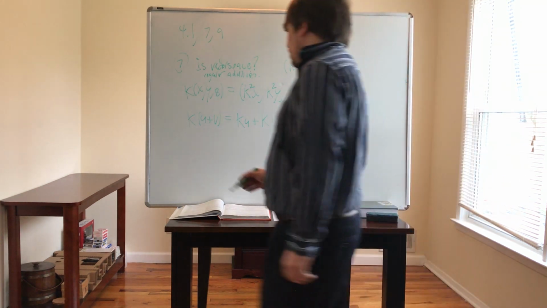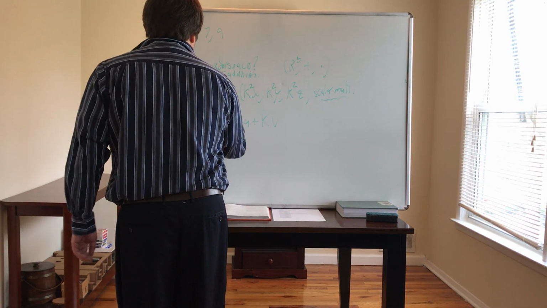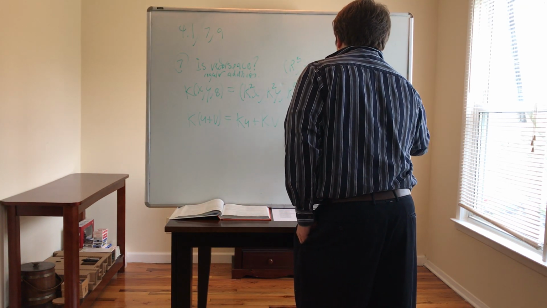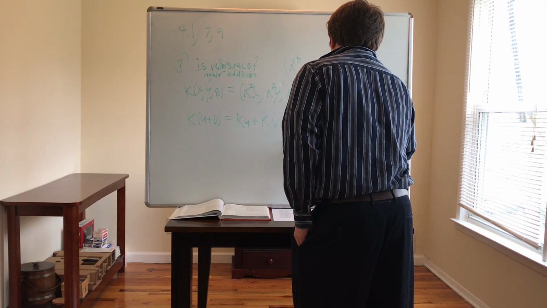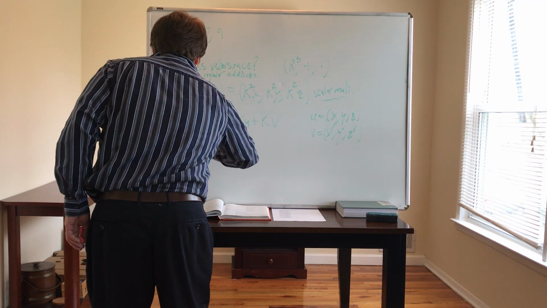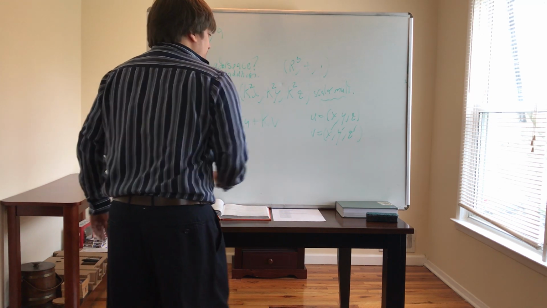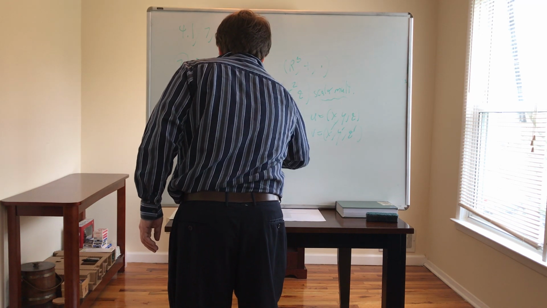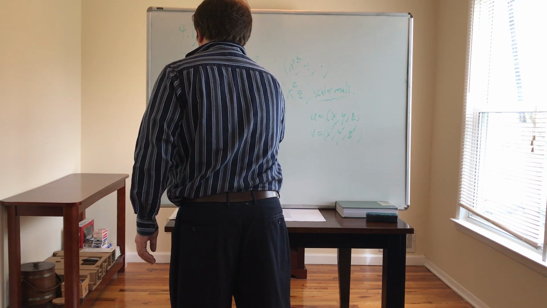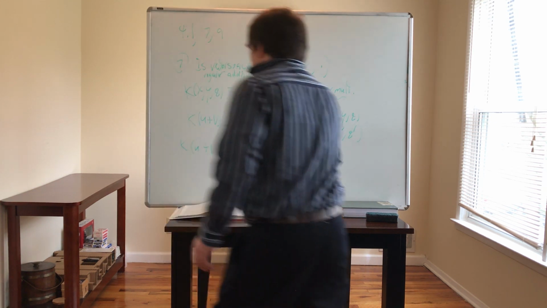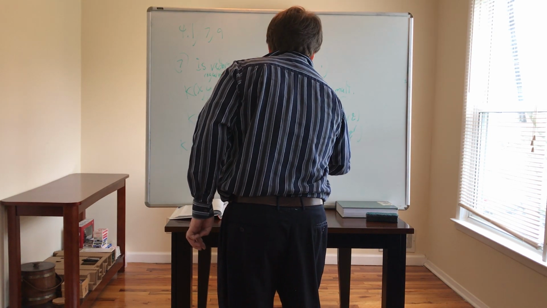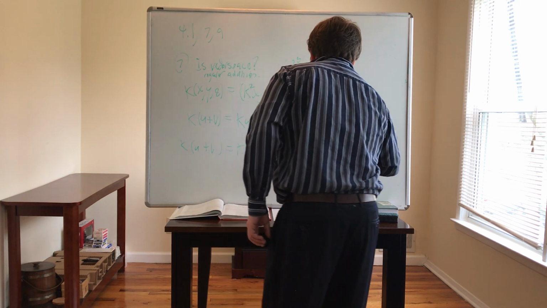Actually, this will hold. Let's see why. If we let u be the vector (x, y, z) and v be the vector (x', y', z'), then k(u + v) is equal to k times (x + x', y + y', z + z').